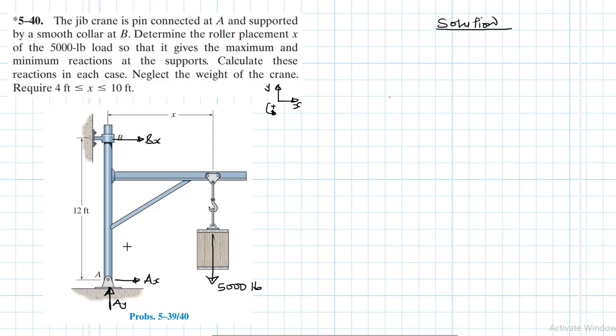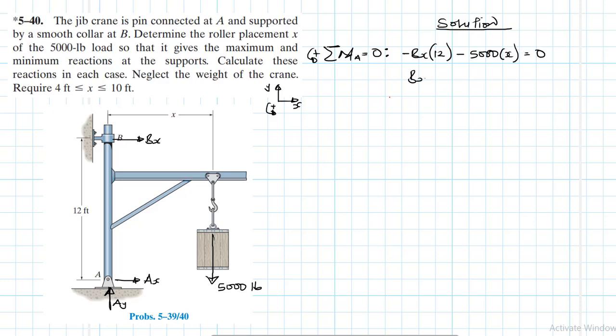To start with, we're going to take moments about A. The summation of moments about point A is equal to 0, anti-clockwise being our reference. We have a clockwise, minus moment, BX times the lever arm 12, and then another negative moment, which is 5,000 times X. This is equal to 0.